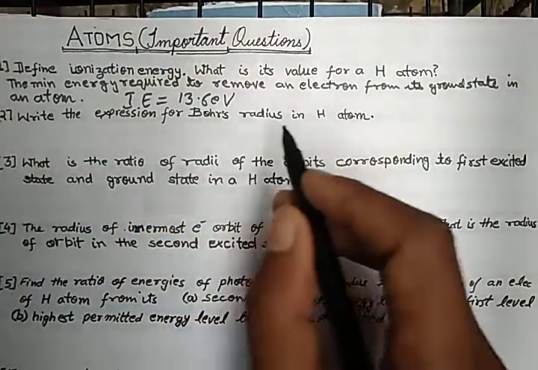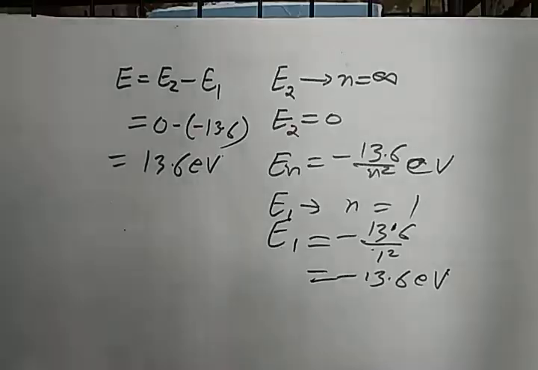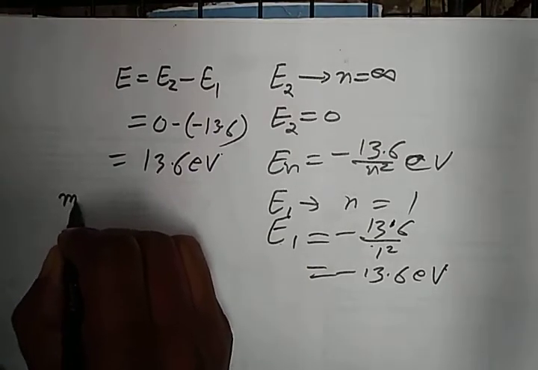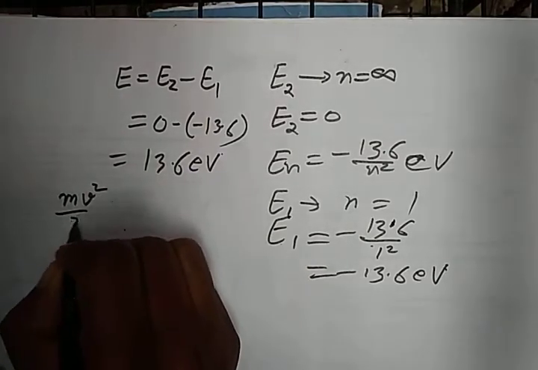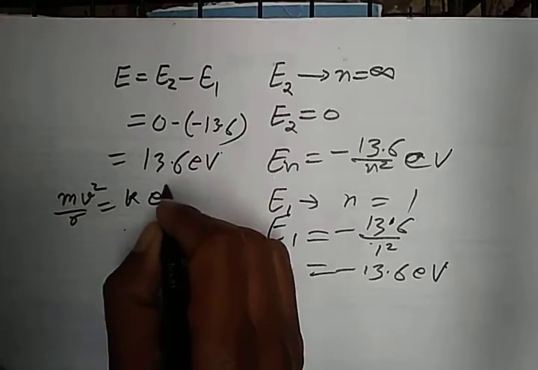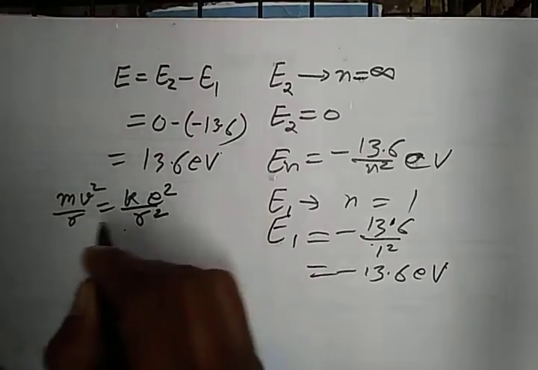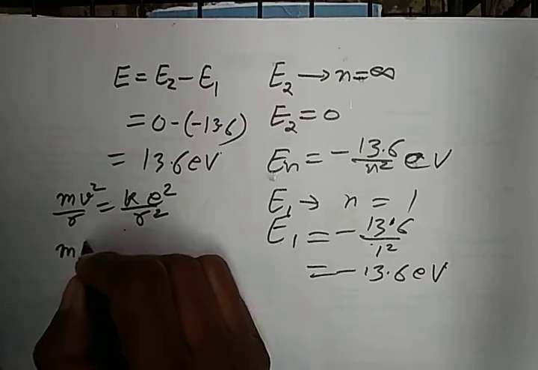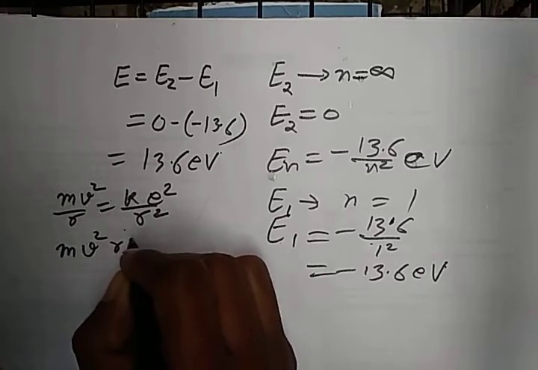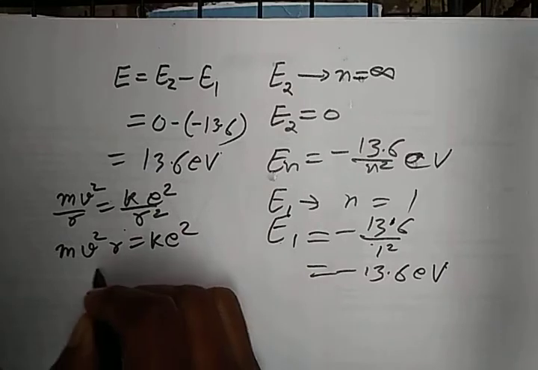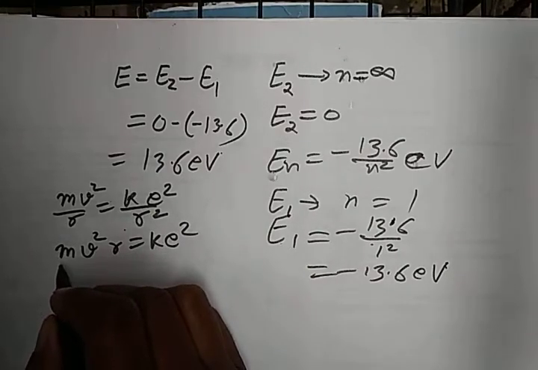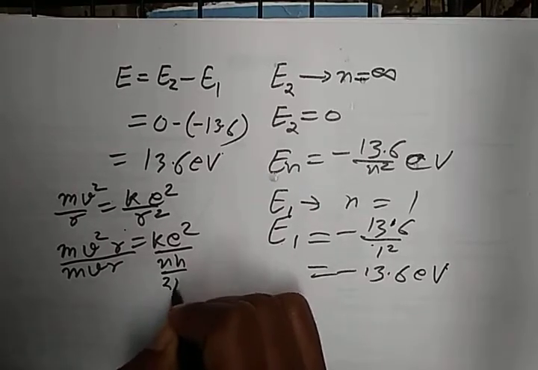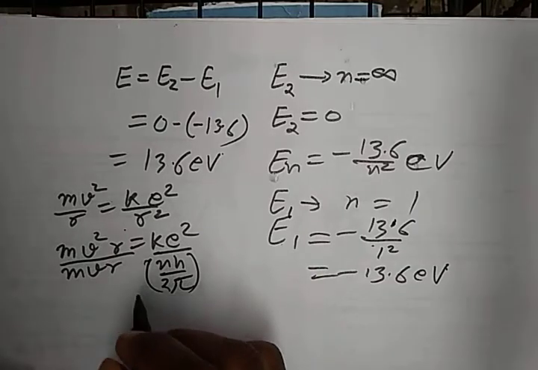Write the expression for Bohr radius in hydrogen atom. Well, we will have a quick derivation for it once again. So remember, centripetal force is equal to electrostatic force, and from here, if we cancel it, mv square upon r is equal to ke square upon r square, and we know by Bohr hypothesis that mvr is equal to nh upon 2 pi. This is the way you can quickly derive the relation.